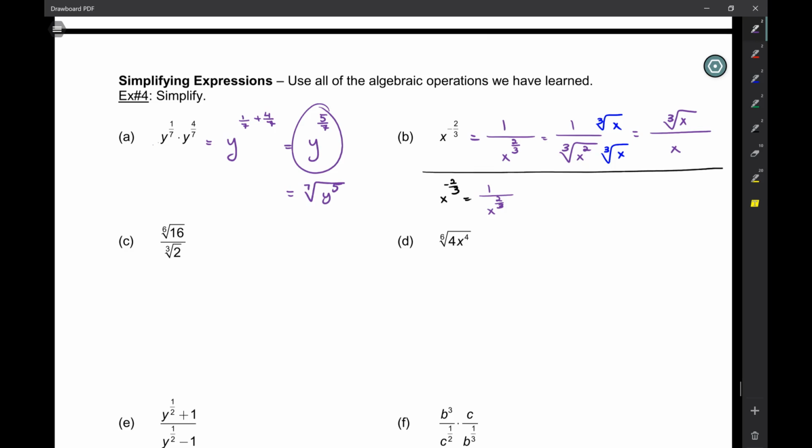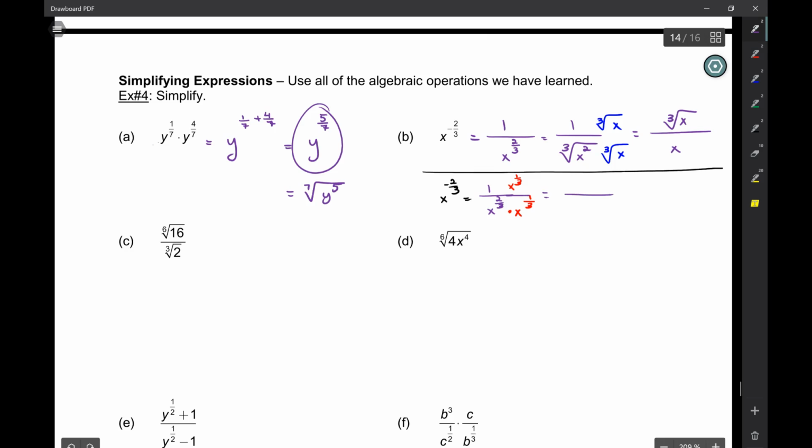So what I can do is multiply by x to the something over something. So it's 2/3. What else do I need to make it 3/3? What do I need? 1/3.